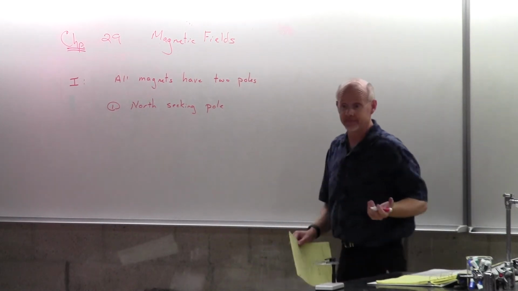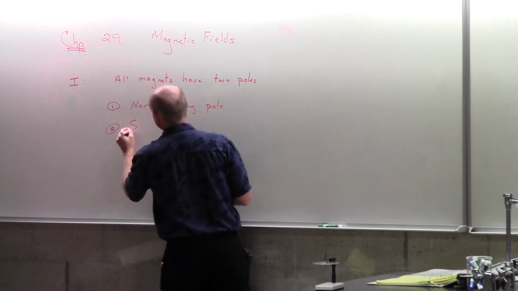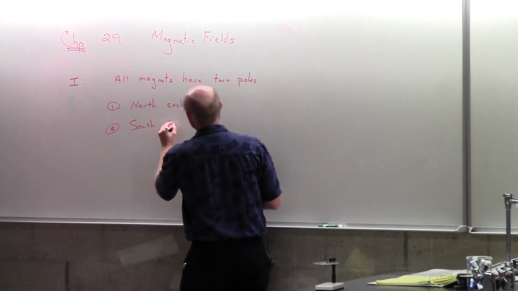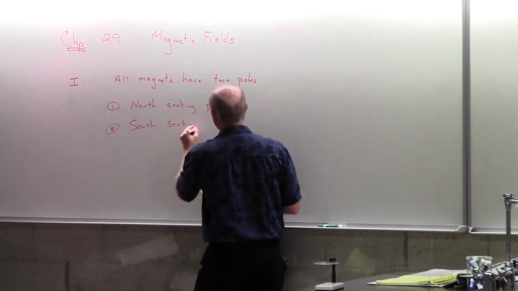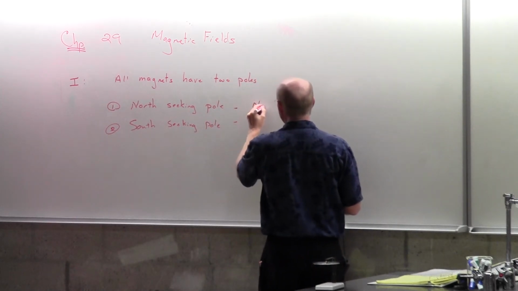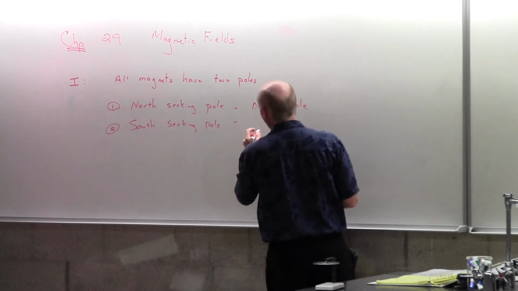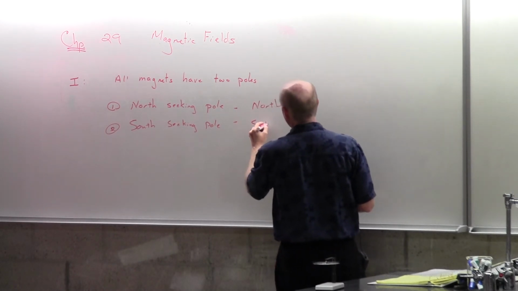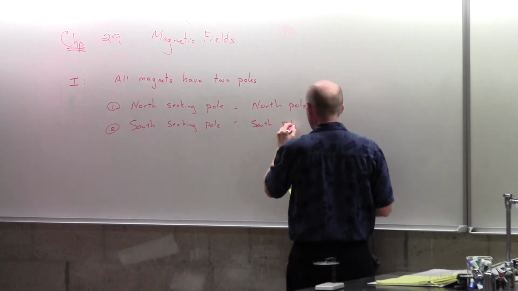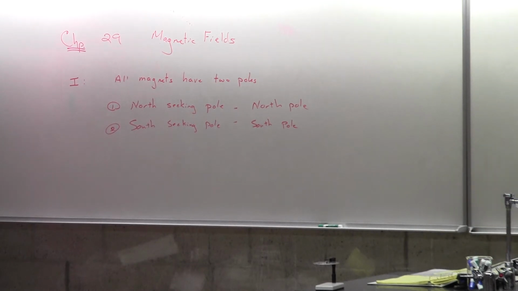Kind of makes sense? Because the other end is pointing which way? To the south. So the other end we will call a south-seeking pole. I must admit, we get a little lazy and call the north-seeking pole a north pole and the south-seeking pole a south pole. But please, we never really mean a geographical North Pole.